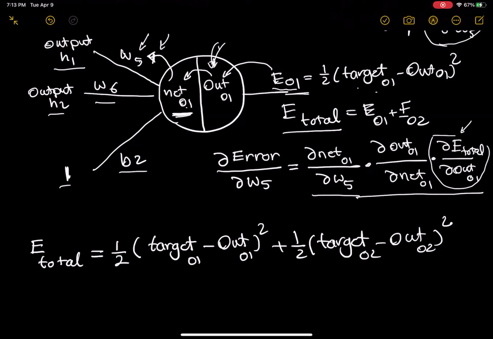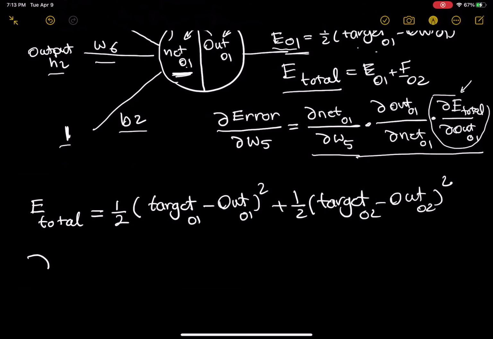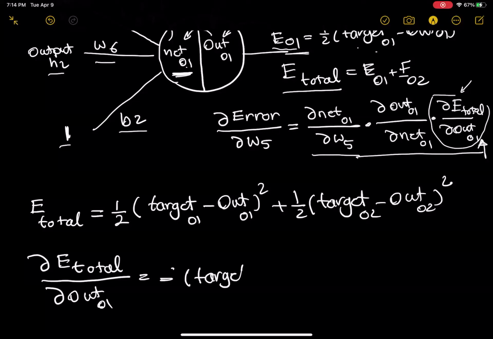Now, the derivative of E total with respect to out O1, because that's what I need here, is equal to minus target O1 minus out O1. Why?